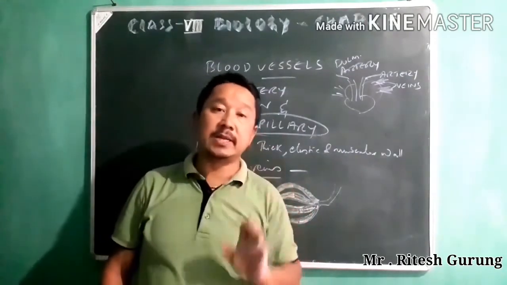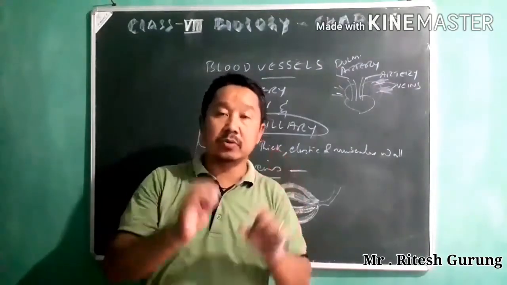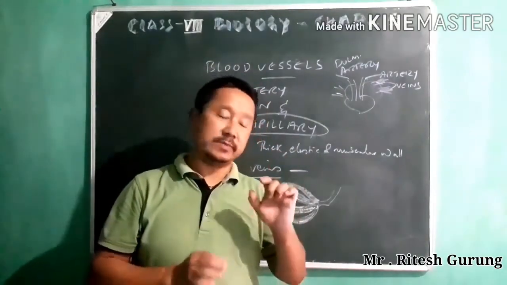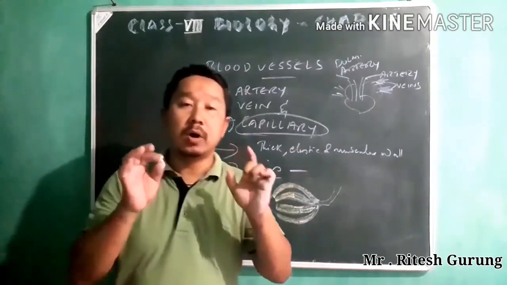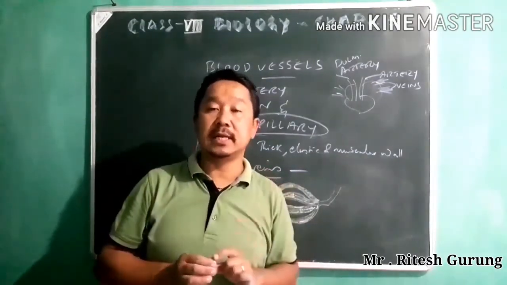A capillary is a very narrow blood vessel whose walls have a single layer of cells.